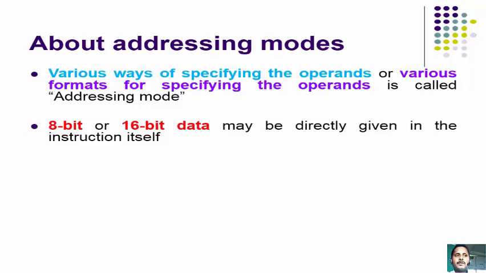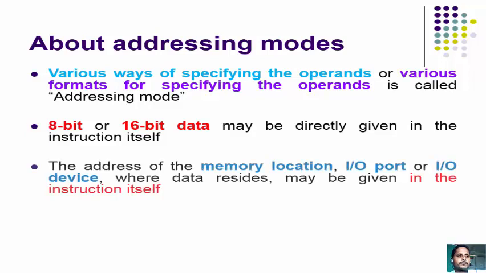Sometimes you will find an 8-bit or 16-bit address. The address of the memory location, IO port or IO device where the data resides may be given in the instruction itself.